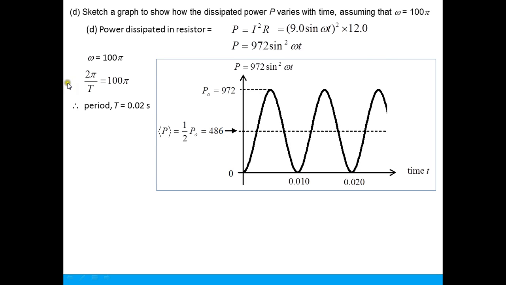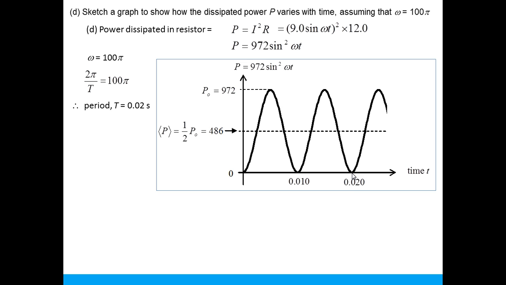Note that the period can be found using omega to be 0.02 seconds. And once again, note that the period of 0.02 seconds occurs after the power completes 2 cycles. This is still the period, because the period is considered as the time taken for the current to complete a cycle, not the power.